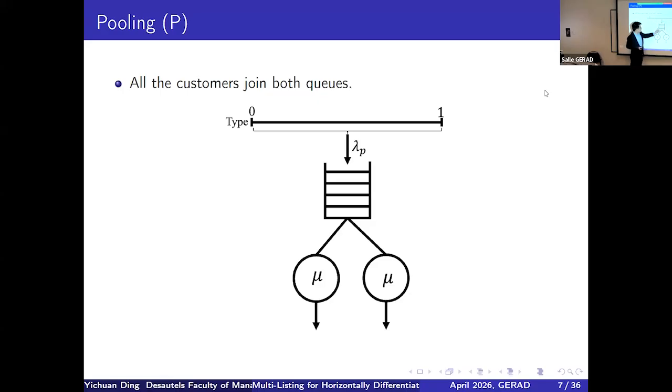All those customers, regardless of their parameter, which is not actually observed by the system manager, join a single listing, a single first-come, first-serve queue. Whenever there are two servers, because we model the available houses as servers, this is the Thunderbird, this is the Iona House, two different buildings of a student dormitory.